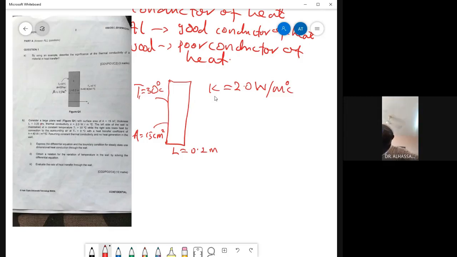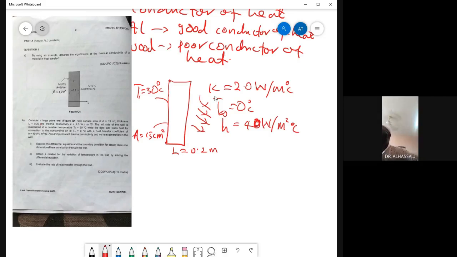So here means there is fluid flowing. So T infinity for this section equals 0 degrees Celsius. And similarly, the heat transfer coefficient is 40 watt per meter square per degree Celsius.